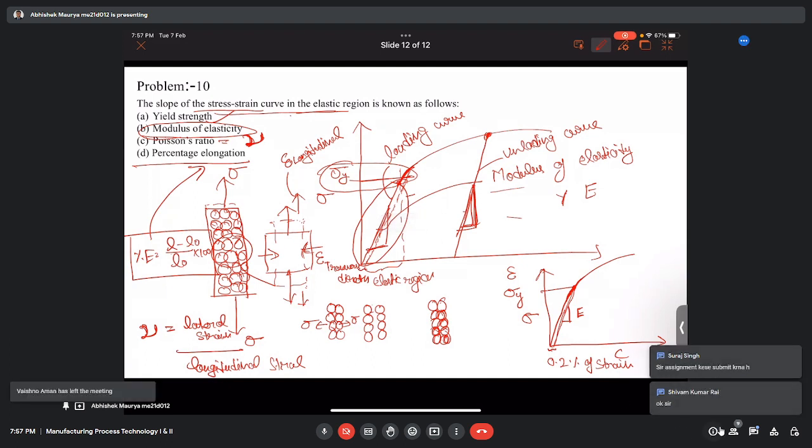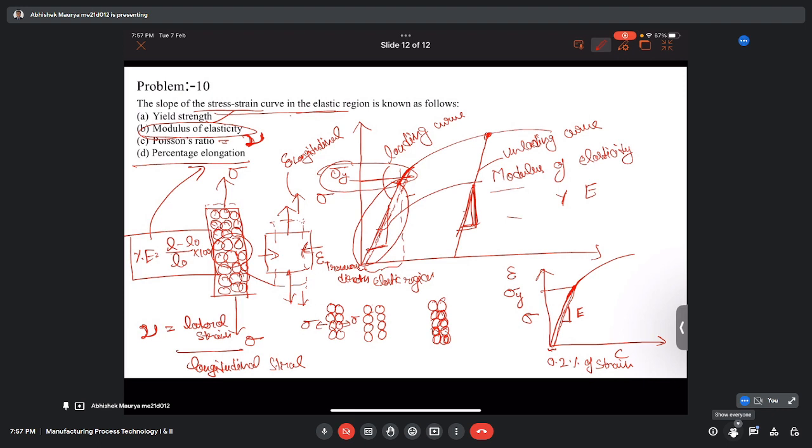Assignment, if you go in the assignment section, I think the deadline for the first assignment is tomorrow. So if you have attended this session, then you won't find any difficulty solving the assignments. Please keep on solving the assignment.